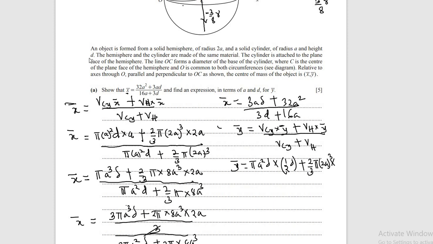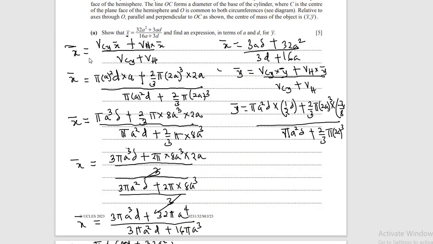The vertical center of mass is minus 3/8 of the radius, all over the total volume. That's pi a squared d plus 2/3 pi 2a cubed.